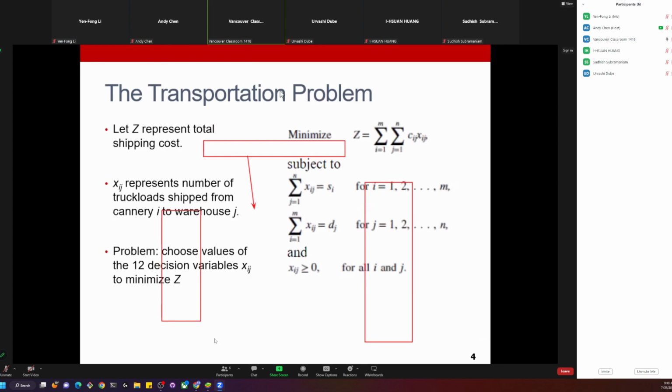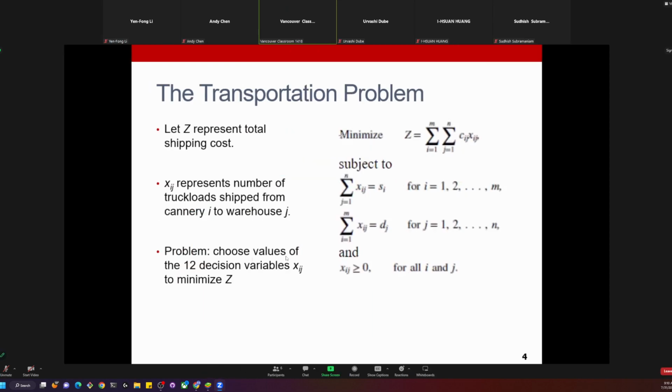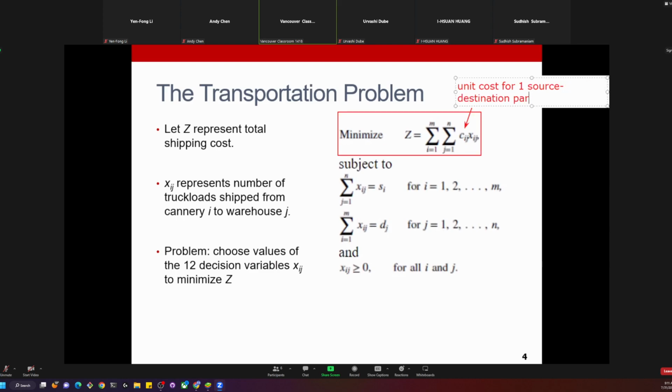Okay. So these are the objective function and the constraints. Right? So again, we saw this before. This is the total cost. You have the coefficient in the objective function, that would be the unit cost for 1 pair of source and destination. Right?